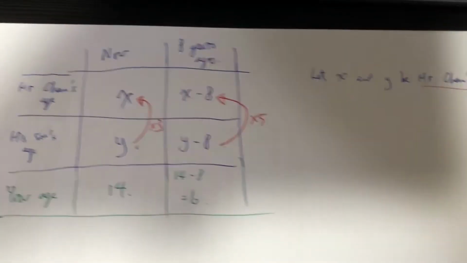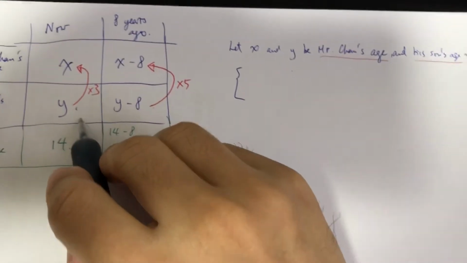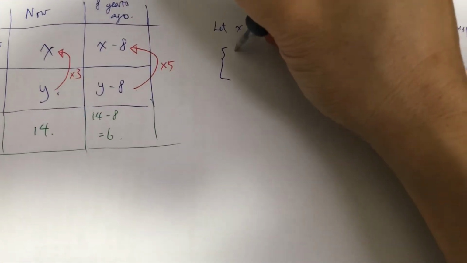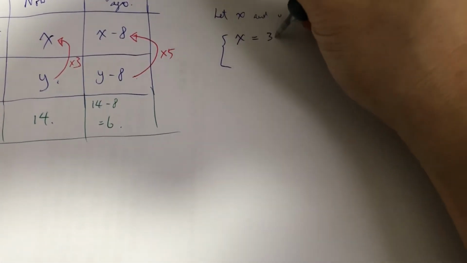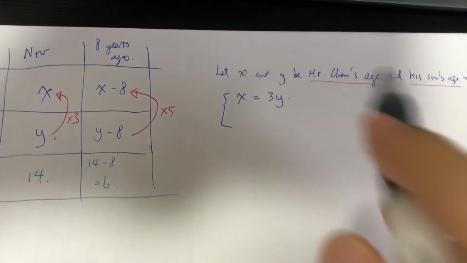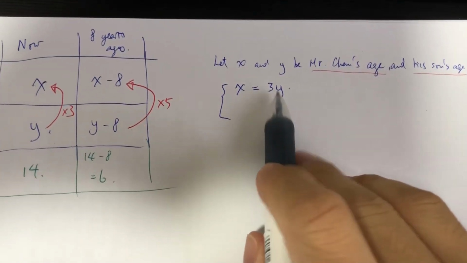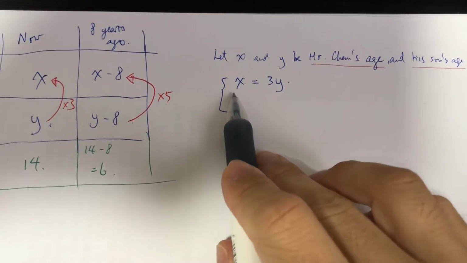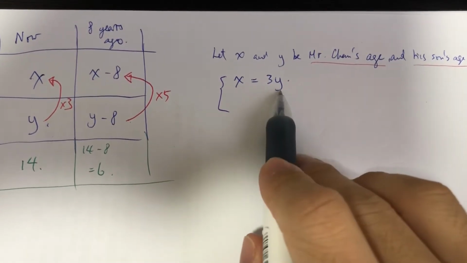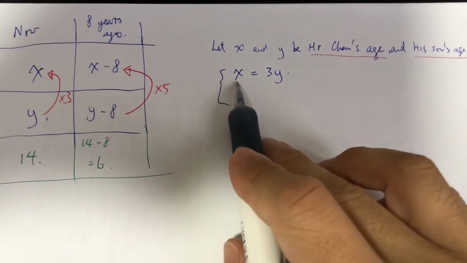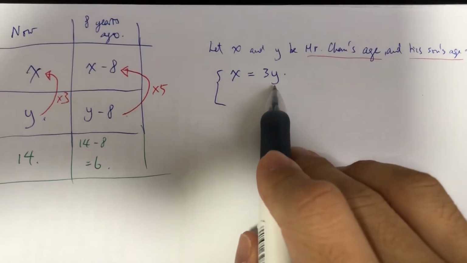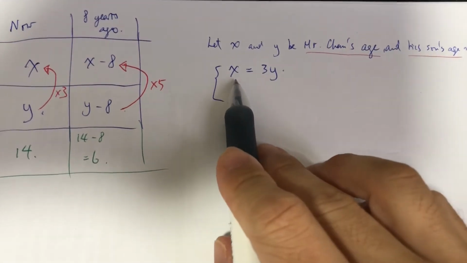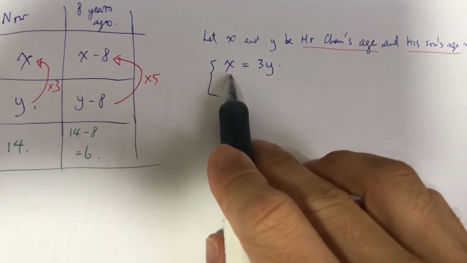Now go back to the answering and write down the equation. For now, Mr. Chan's age is 3 times his son's age. So his son's age times 3 is Mr. Chan's age. If his son is 1, then Mr. Chan is 3 years old. If his son is 10 years old, then Mr. Chan is 30 years old.